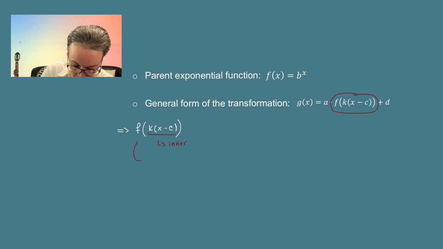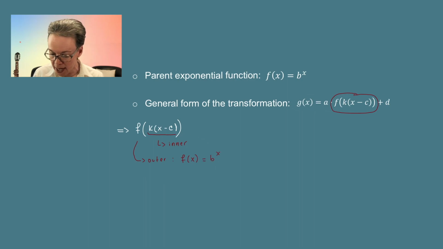And then the outer function will be here the parent function, which is f of x equals b to the x. So if you remember how compositions work, the inner function is substituted into all of the x's of the original function. Now, the original function here only has one x. So this entire expression will be substituted into x right here.